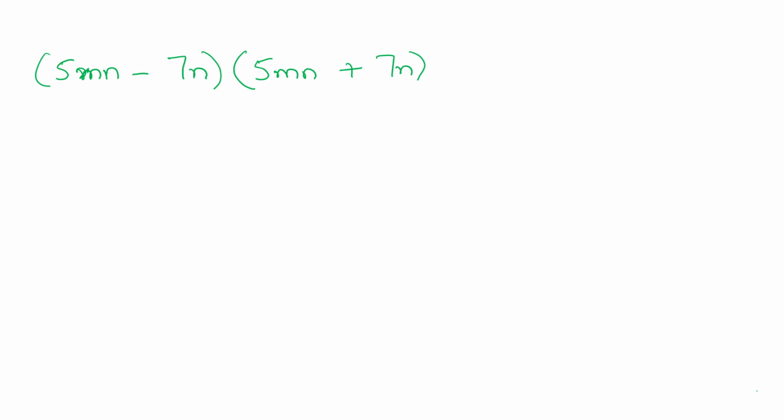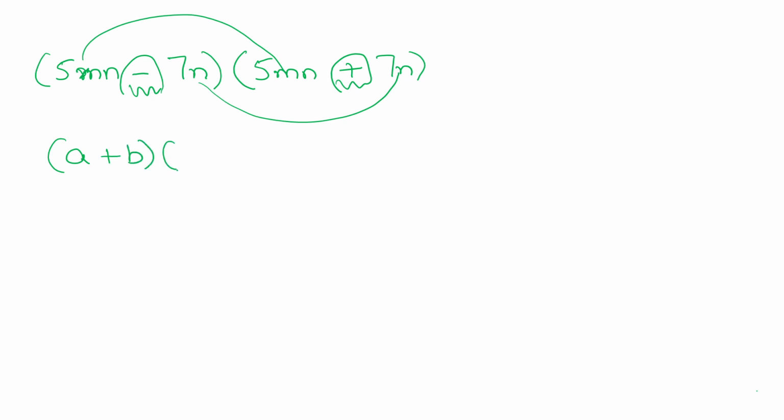See, what is the speciality in this problem? The first terms are same and also second terms are same, but the signs are different. Is it right? The signs are different. So when you have this, the identity is (a + b)(a − b) equals a² − b².